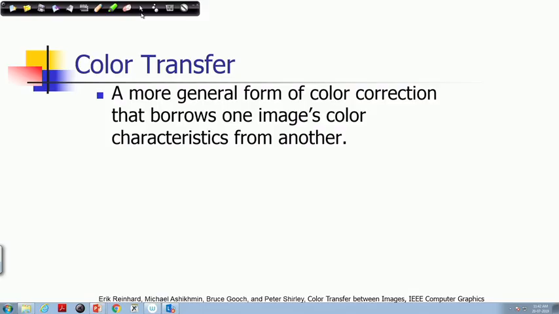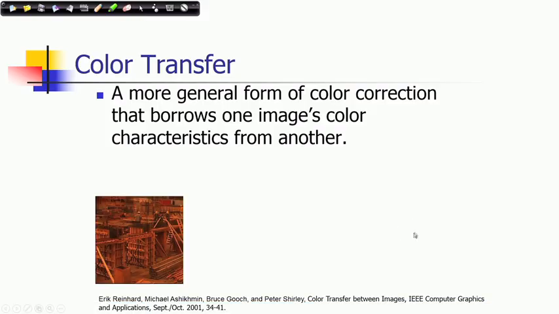An example can be cited here to explain this particular operation. Consider this image, which is the source image, and you can see that it has a bit reddish illumination, and all the objects inside it are affected by that illumination.